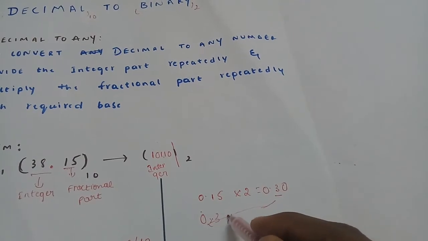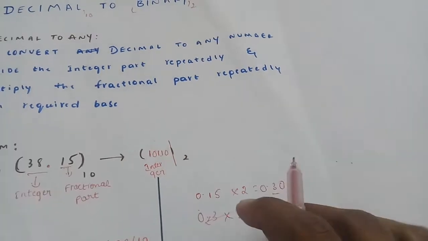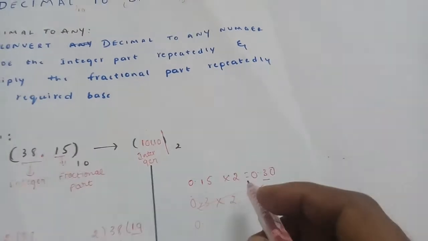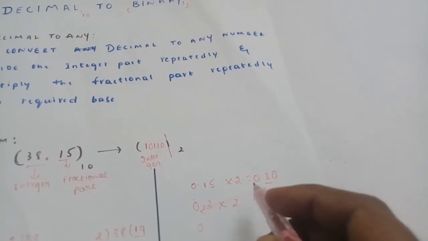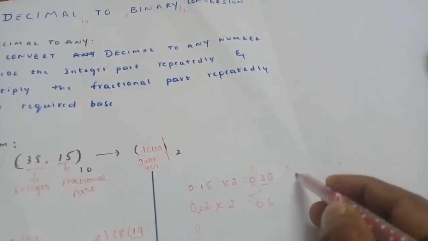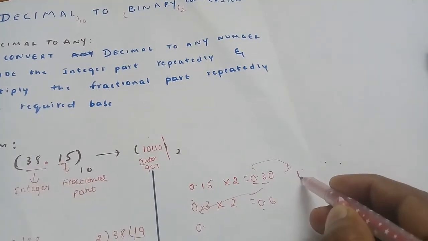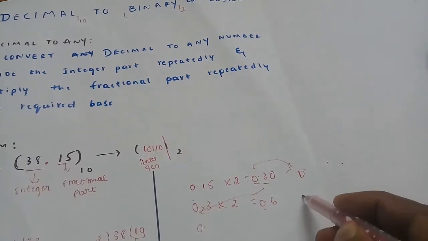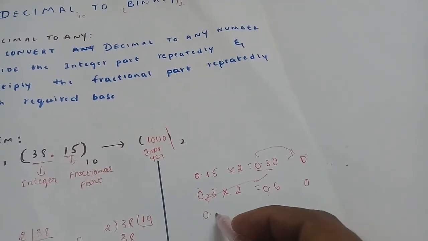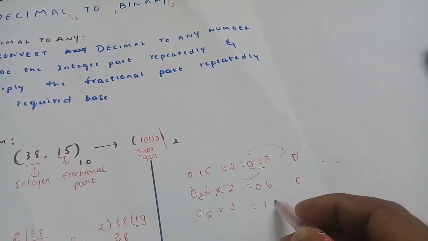0.3 and again multiply it with 2 and it will be 0.6. Again we take the fraction part, multiply it with 2 and take out the integer part. Here the value is 0. Again multiply 0.6 with 2. It will be 1.2.